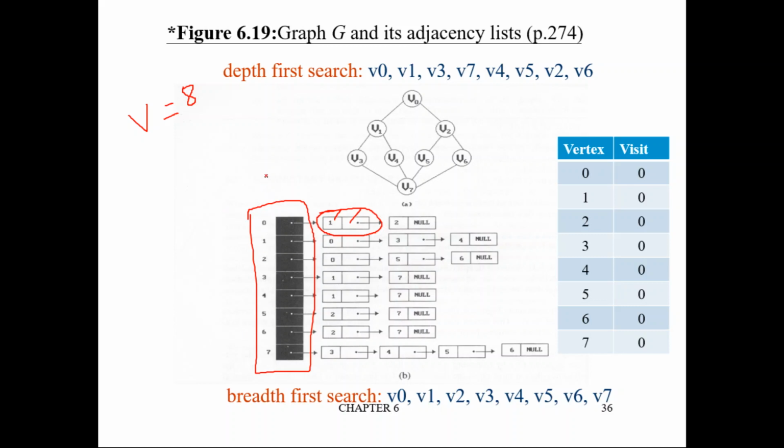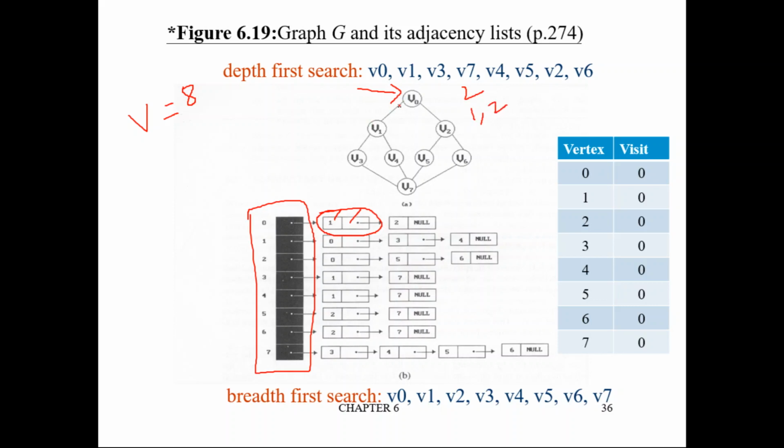Then we will ask the user what the pointers for each vertex are. Vertex 0 has edges to how many vertices? 2. What are they? Vertex 1 and vertex 2. Like this we will take input.